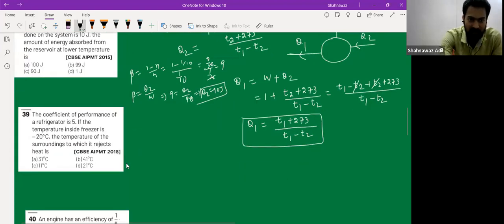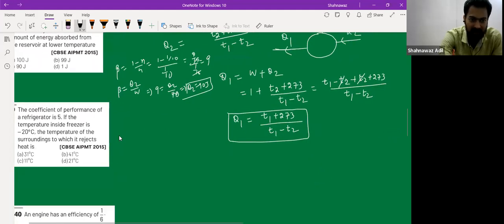The coefficient of performance of a refrigerator is 5. So beta is given, which is 5. And if the temperature inside a freezer is minus 20 degrees C, so T2 is given.